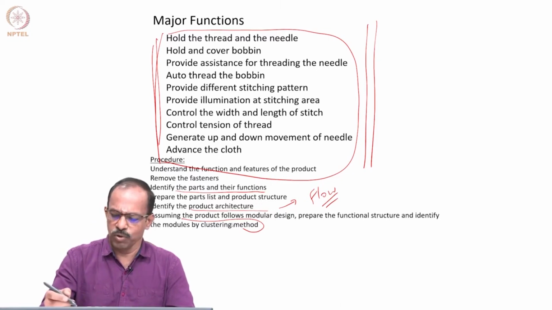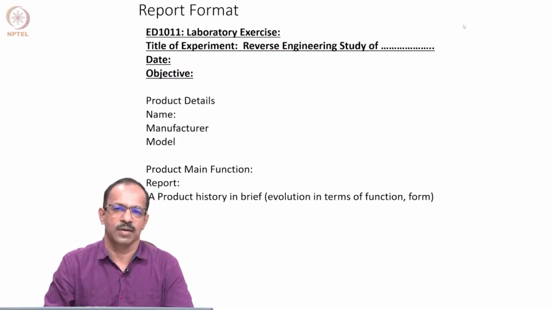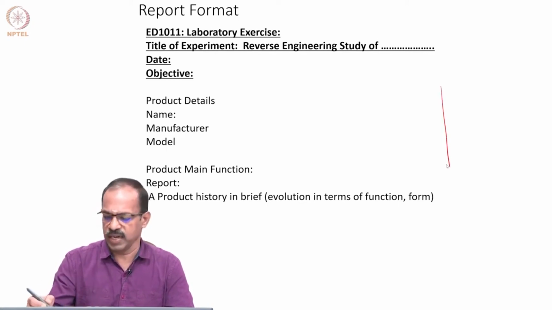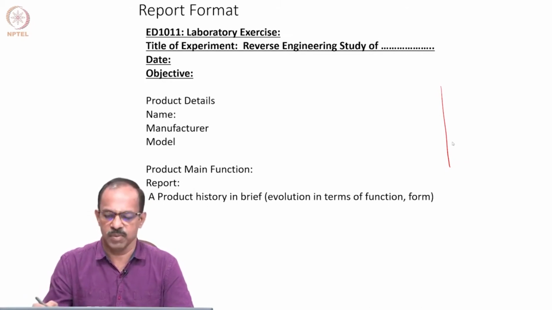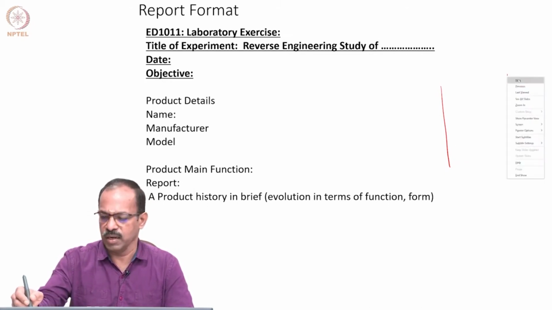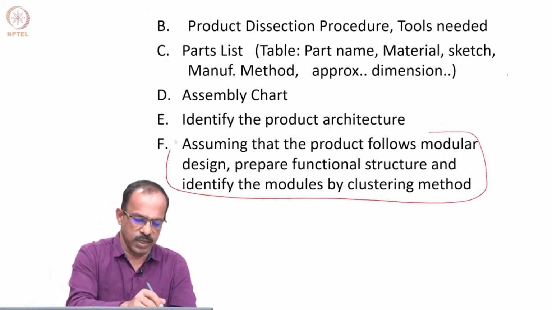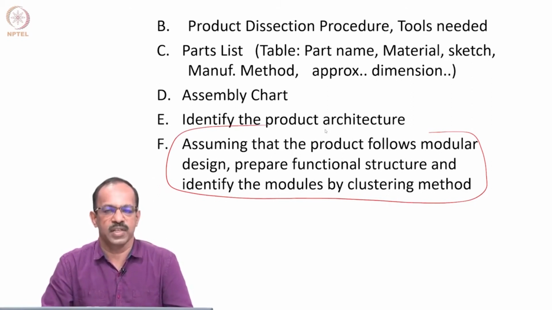So you have to go through this exercise and do the module identification. The report format is already given here, which is almost the same as the previous cases, except that you will be doing the product modular design, identifying the modules in the product. That is what is expected in this exercise.